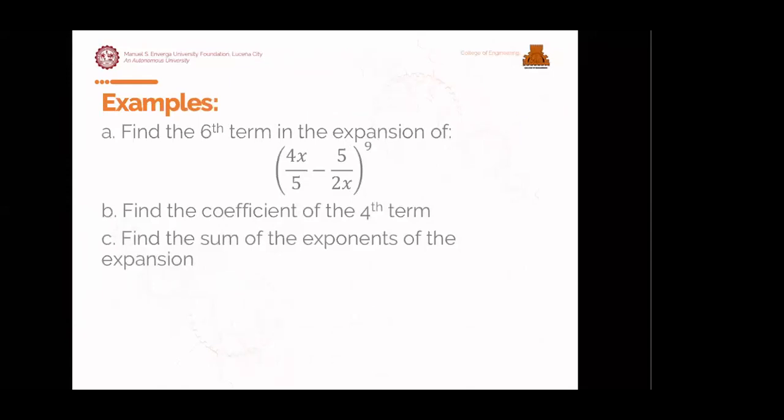Okay, so an example, find the sixth term in the expansion of (4x over 5 minus 5 over 2x) raised to 9. And then, kasunod, find the coefficient of the fourth term. And then, find the sum of the exponents of the expansion. Okay? So, isa-isahin lang muna natin yan.